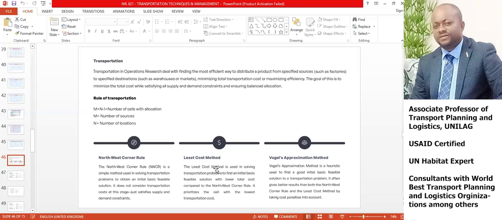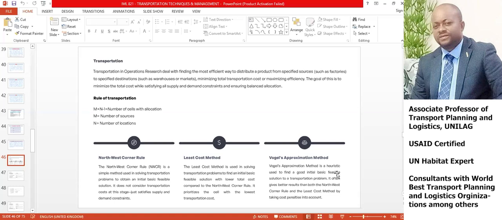The second one looks at the least unit cost to give supply to. The third one takes the advantage of the first method and mixes it with the advantage of the second method to give its own best.